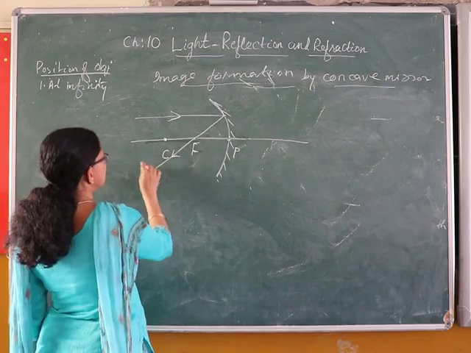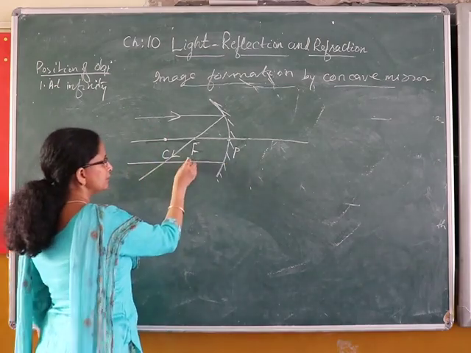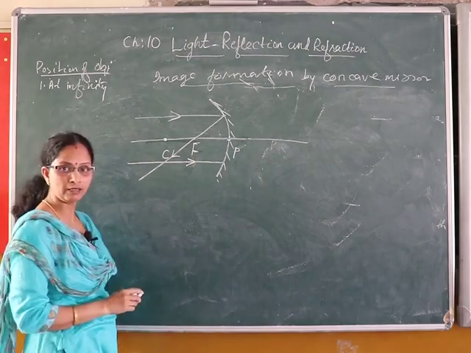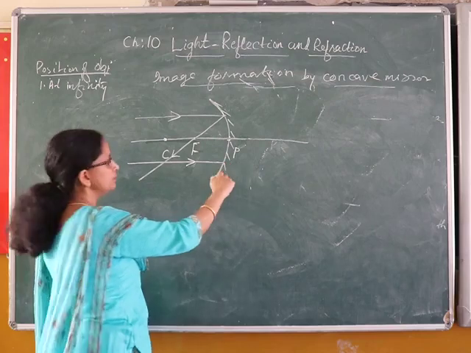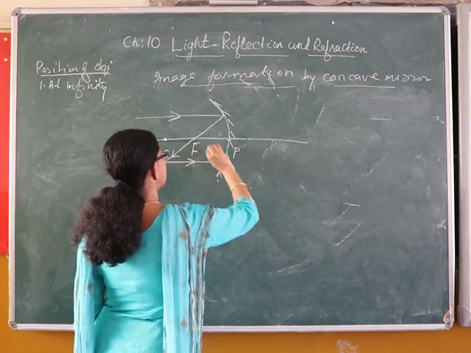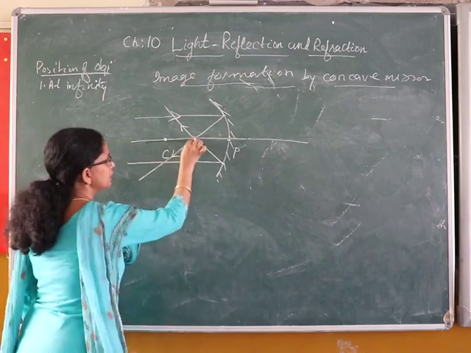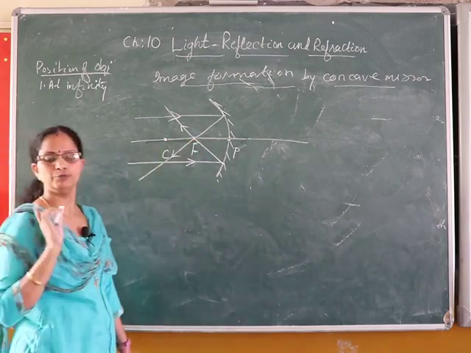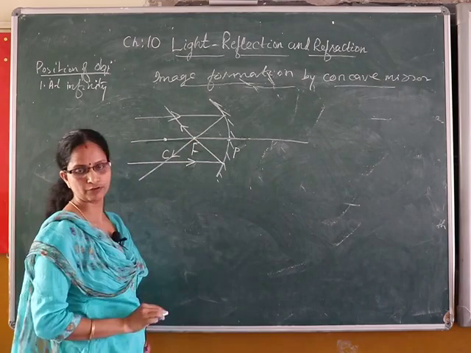This is the image formation for an object at infinity. The rays we are considering as parallel rays. So if two parallel beams strike the mirror, after reflection they pass through the principal focus. So the image of that object which is at infinity is formed at the principal focus.